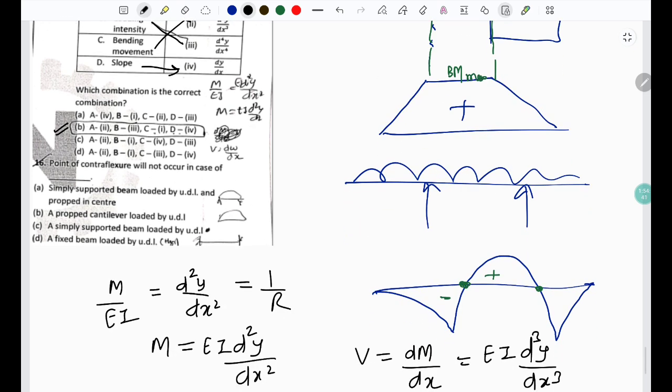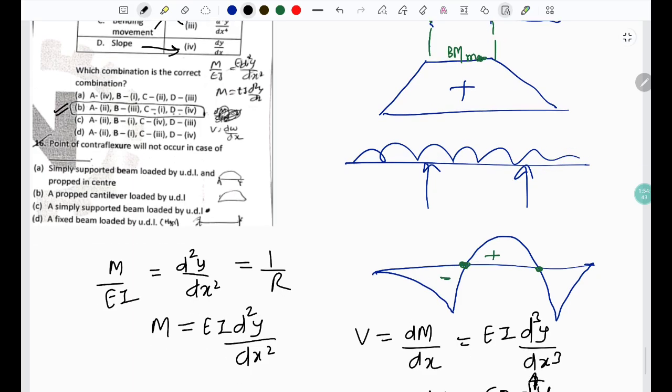Then the 16th question is that the point of contraflexure will not occur in the case of a simply supported beam loaded with a UDL and propped in center. That is, we have a simply supported beam and there it is having a reaction, so there will be a natural jump at that point.